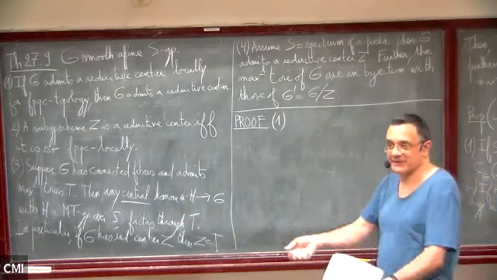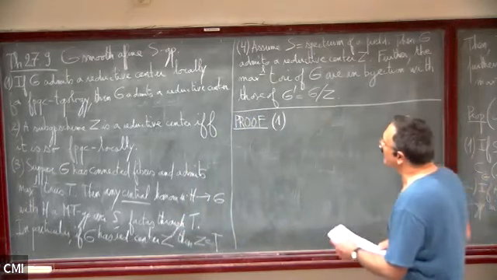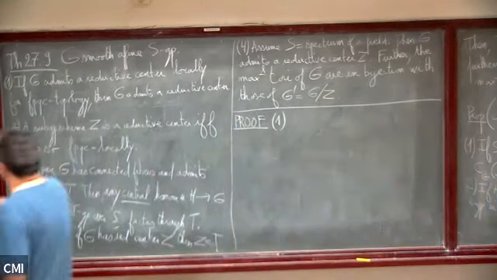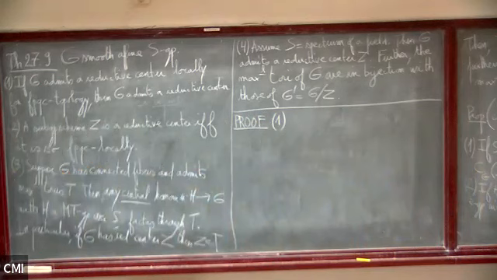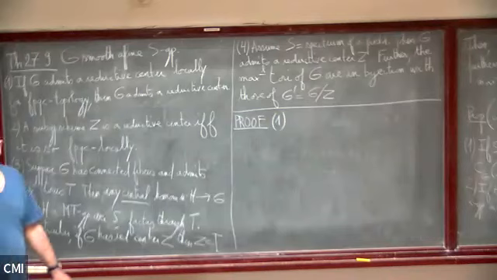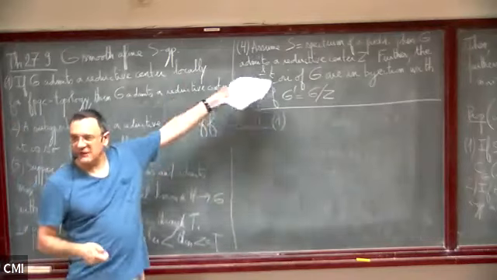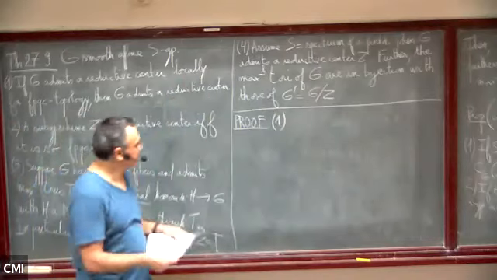It's central, in particular normal. Let me write. Hence, it's an invariant subgroup because it is central. So over a field we can form the quotient.